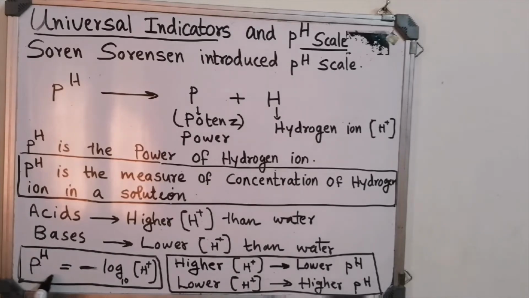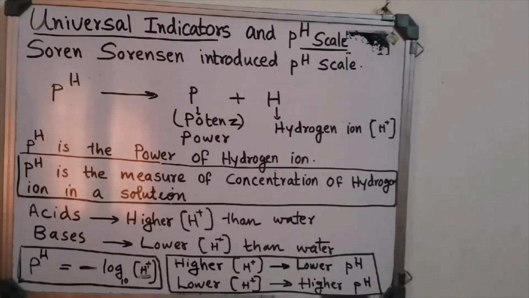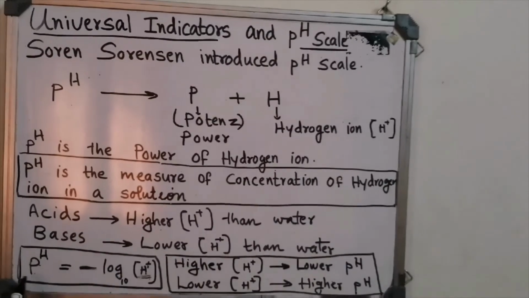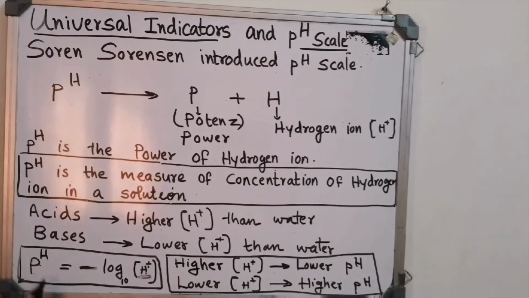Then pH is minus log hydrogen ion concentration. So the negative logarithm of hydrogen ion concentration is pH. This means that the higher the concentration of hydrogen ion, the lower the pH. The lower the concentration of hydrogen ion, the higher the pH.